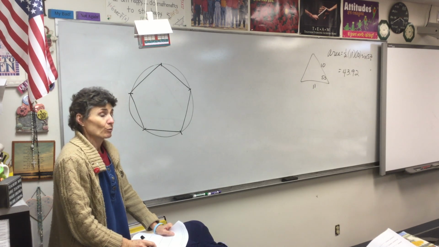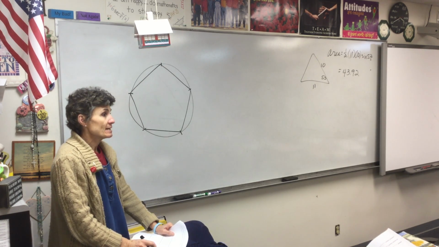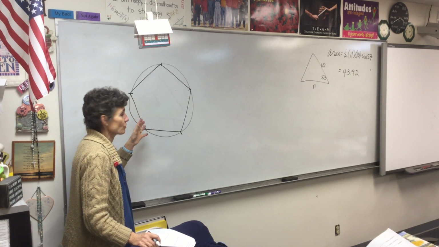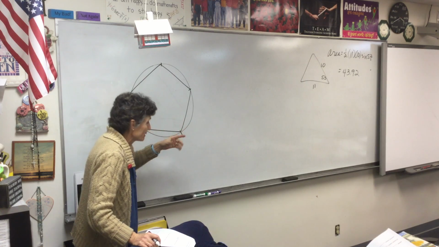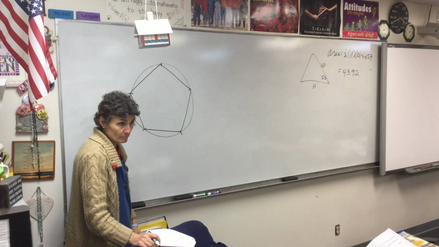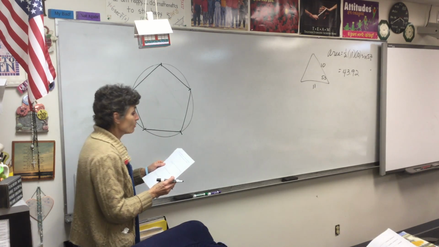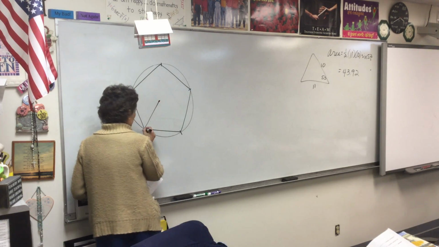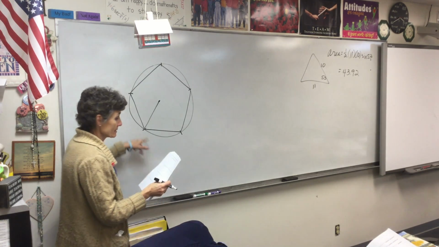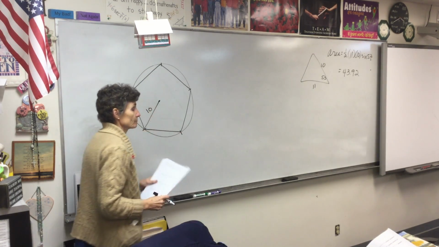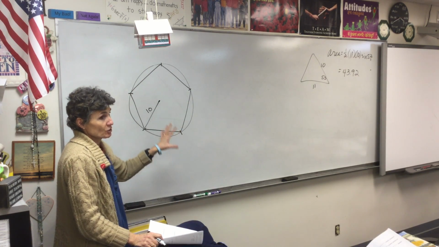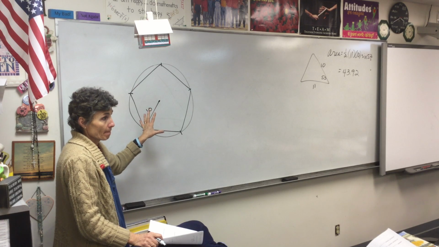Now the word regular means all the sides and angles are the same. So I don't have a very good picture here, so you just got to pretend all the sides are the same length. Okay? And we know that the radius, that would be this, that's the radius, is 10. So there's your picture. Everybody got it?